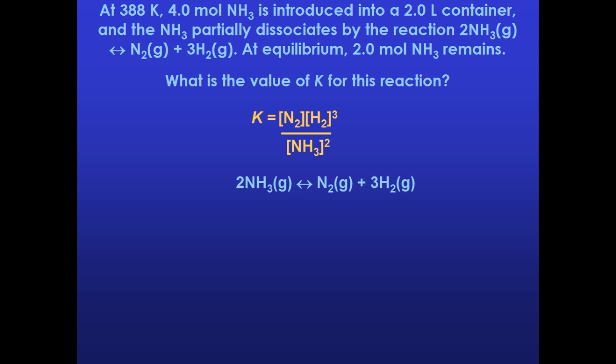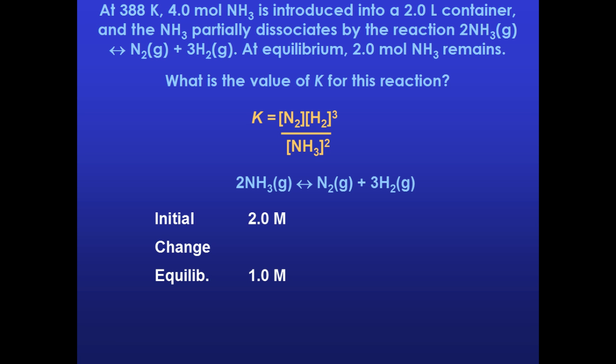Given our equation, we can figure out what the initial concentration as well as the equilibrium concentration of ammonia is by taking the moles and dividing it by the volume. So that gives us a 2 molar concentration for the ammonia initially and a 1 molar concentration at equilibrium.